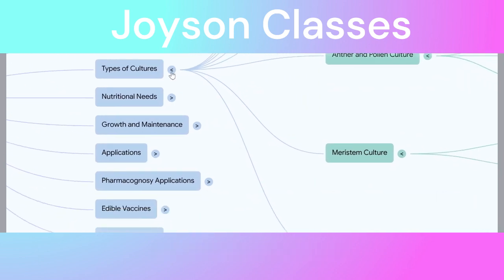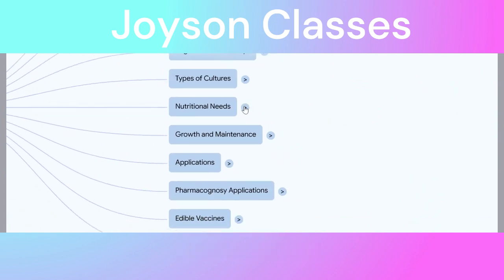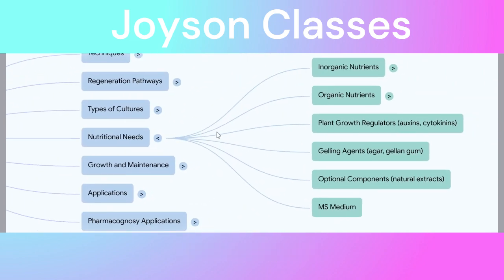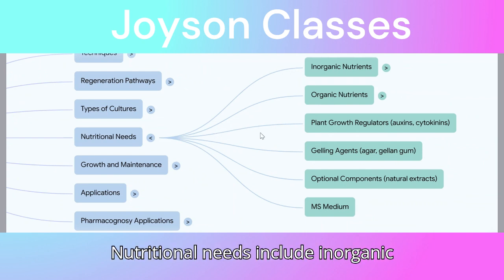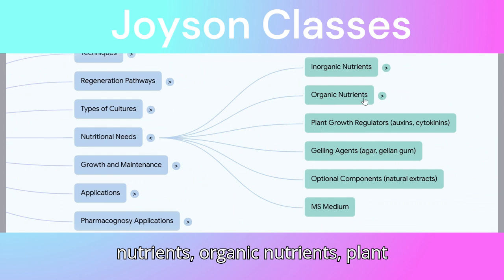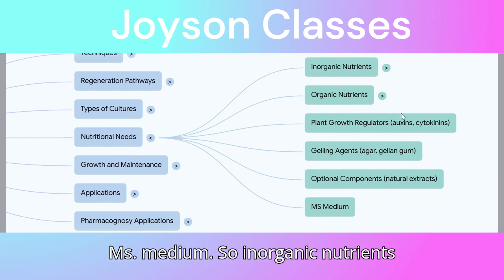Next is nutritional needs. The nutritional needs include inorganic nutrients, organic nutrients, plant growth regulators, gelling agents, optional components, natural extracts, and MS medium.